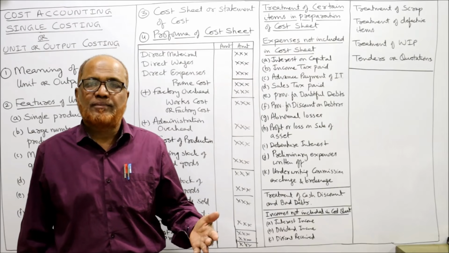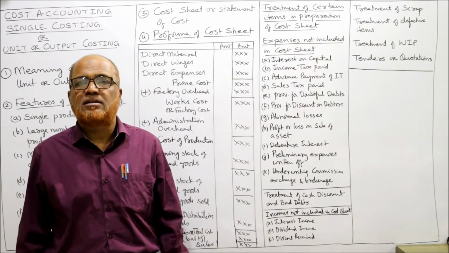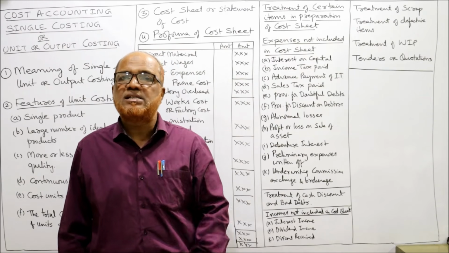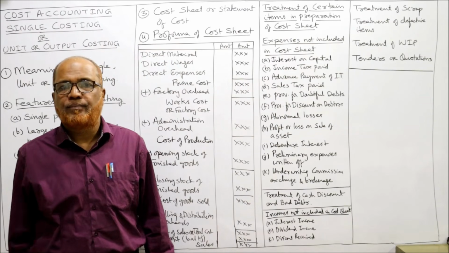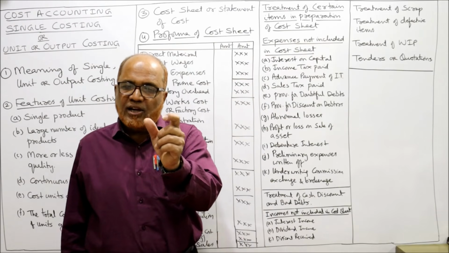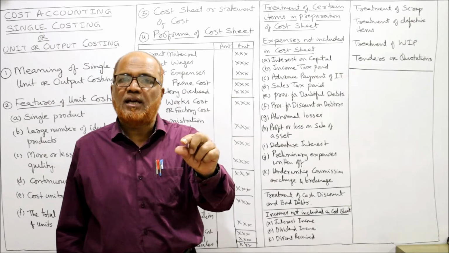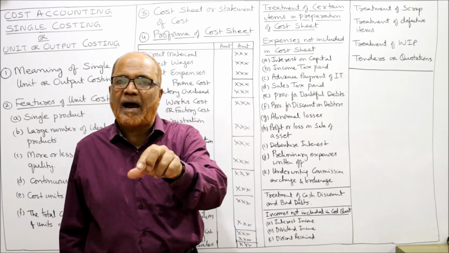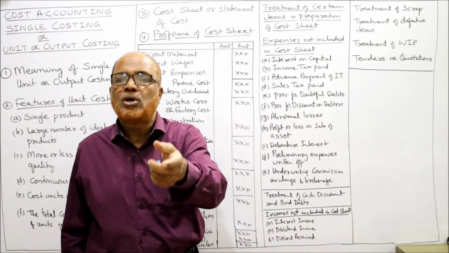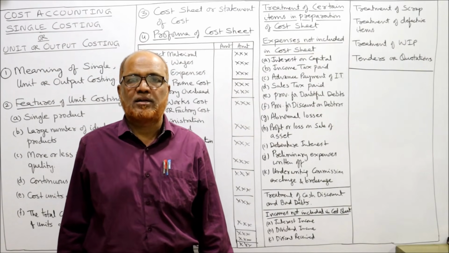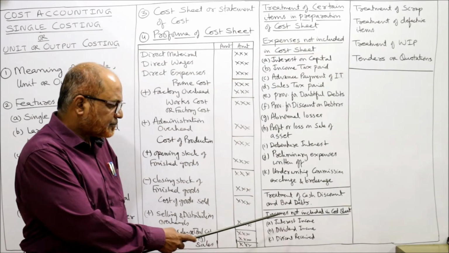So I will treat, in the coming problems, that bad debt is a part of cost accounting. It will be taken in selling and distribution overhead. Then सेलिंग एंड डिस्ट्रीब्यूशन ओवरहेड में बैड डेट्स को ले लेंगे, लेने के बाद एक नोट दे देंगे, it is assumed that bad debts is a part of cost accounting, so I have taken it under selling and distribution overhead. That's the treatment we are going to make.